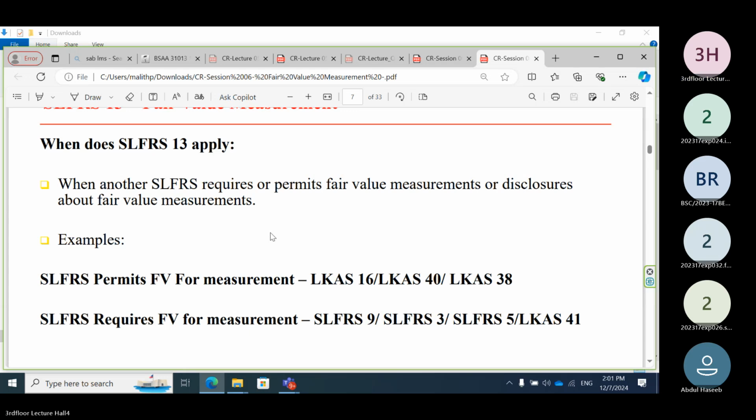Stocks, shares, debt instruments, debentures, treasury bills, treasury bonds, commercial papers, FDs, savings, and derivatives: futures, options, swaps, forward contracts.